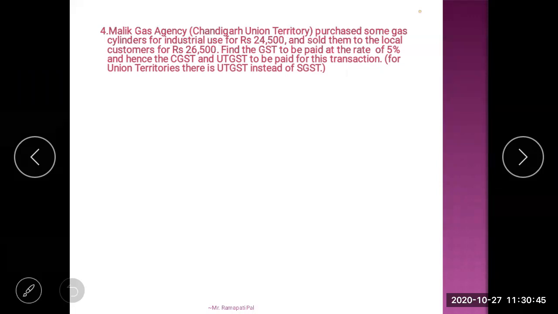Yes, sir. Because GST we got is X. So what will be the UTGST? CGST is equal to UTGST. GST will be the sum of CGST and UTGST. But our GST is X, right? Yes. So what will be UTGST?